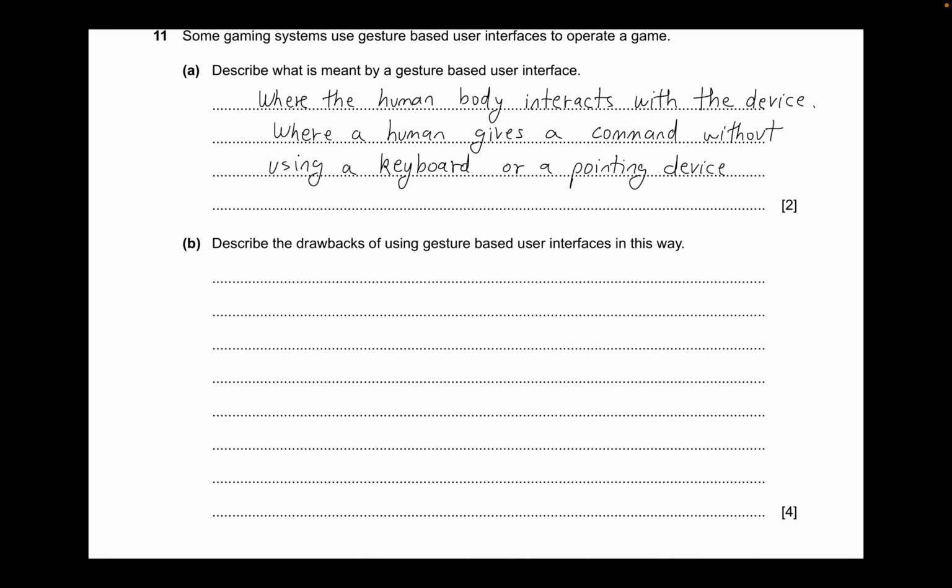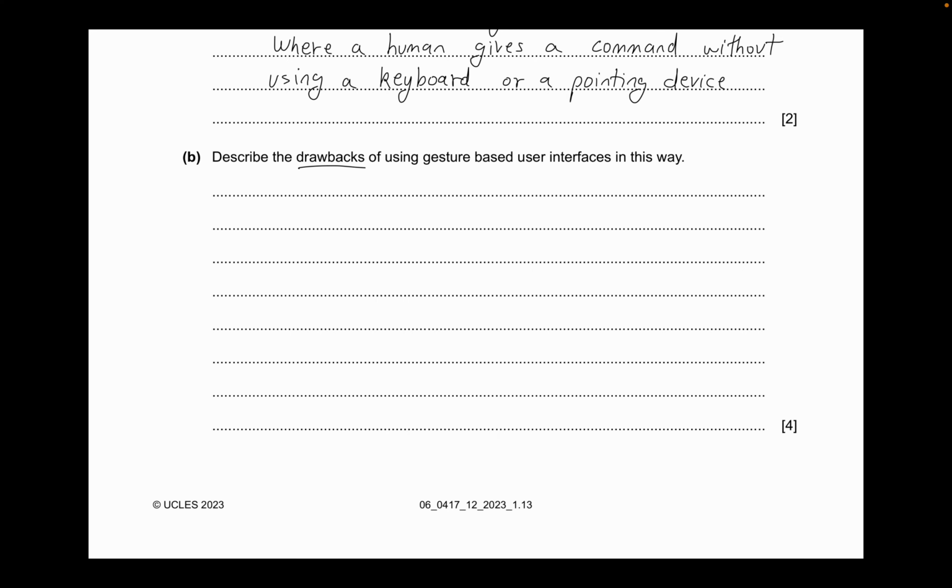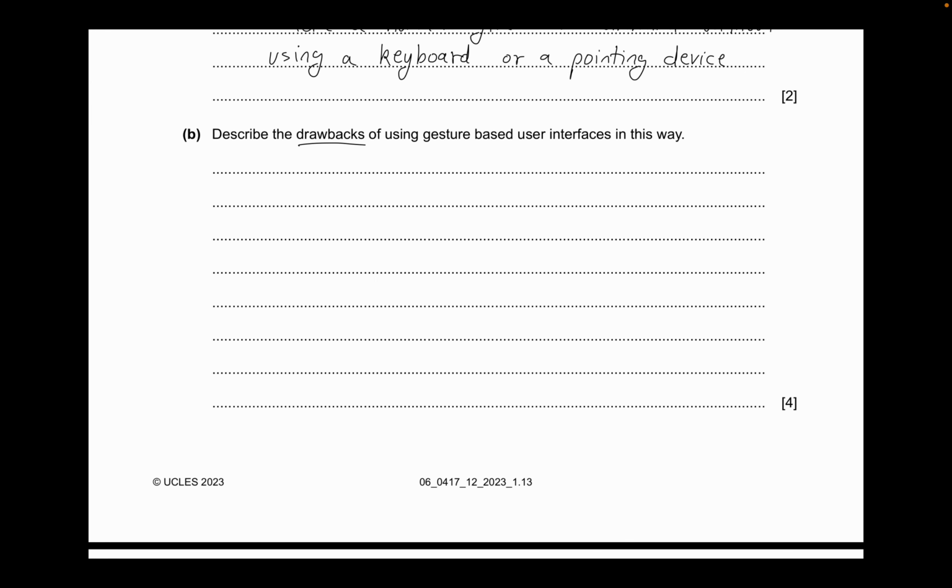Okay. Next question. Describe the drawbacks of using gesture-based user interfaces in this way. So you have to only mention the drawbacks. Be careful. Read the question carefully. Since they're physically using the items, it can cause this, right? You can mention that the user can unintentionally activate the device.